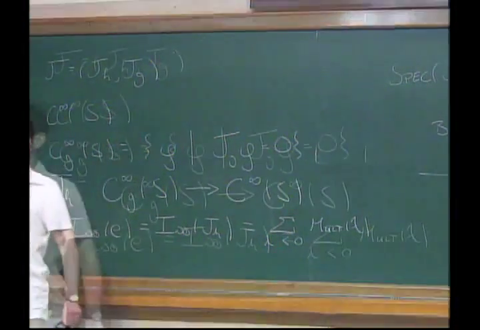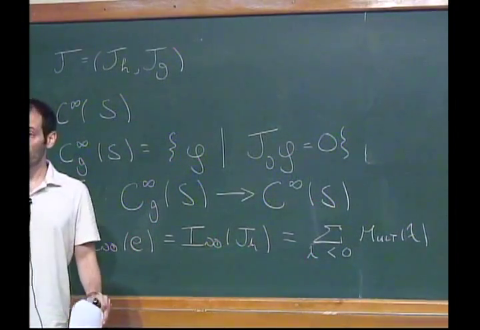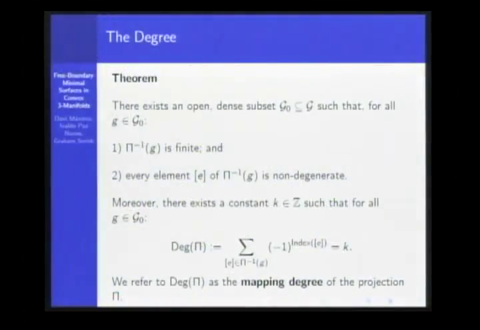That is, it's simply the Morse index of this operator. The Morse index is simply the number of strictly negative real eigenvalues counted with multiplicity, and that allows us to define the index of any free boundary minimal surface, and then that gives us the mapping degree for pi. So we now have the mapping degree.